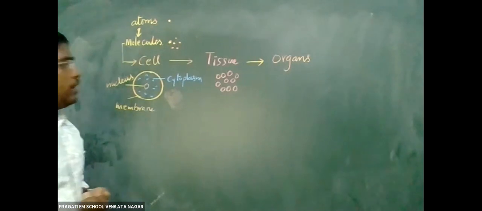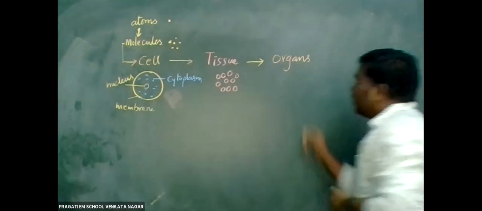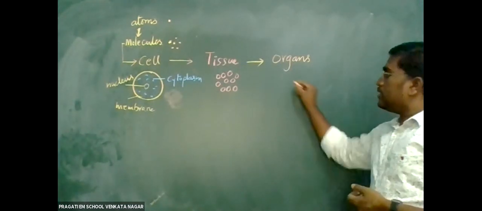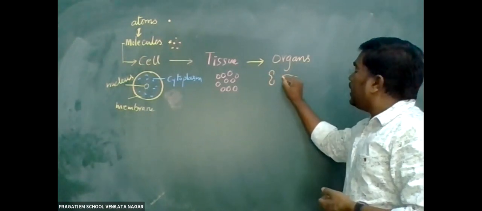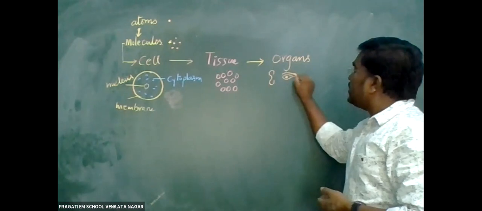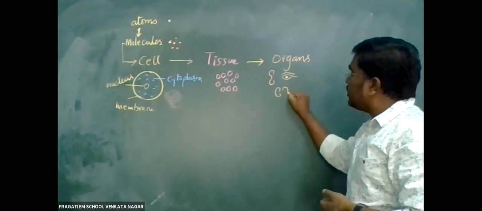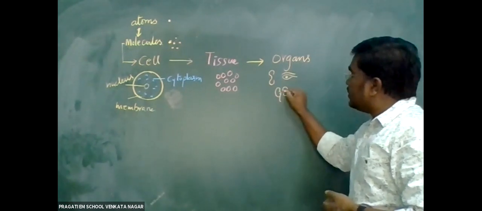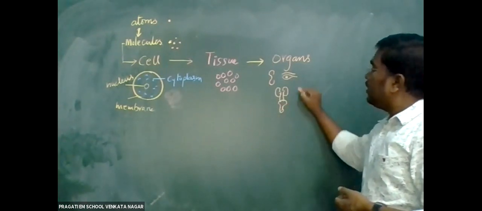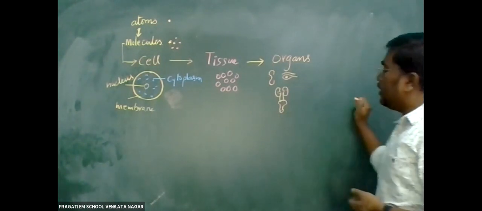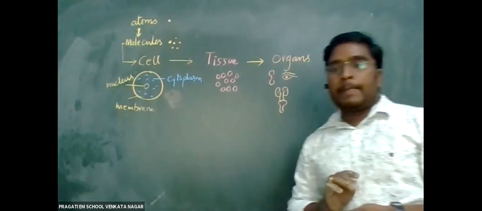For example, in the organization related to animals, organs are generally things like ear, eyes, or kidneys. See here the structure of the kidney, ear, or forelimbs and hind limbs.